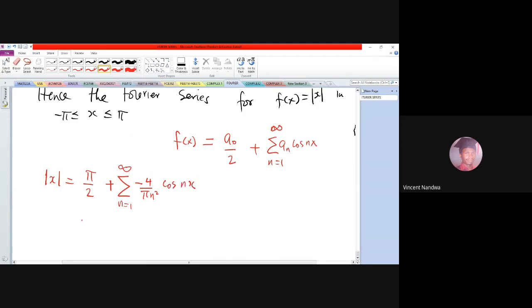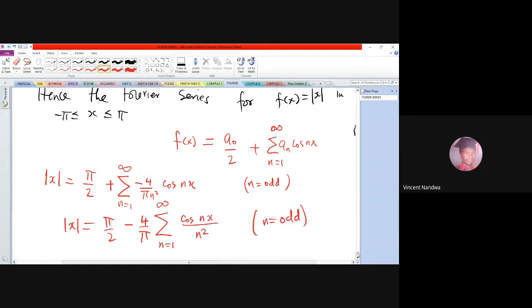But this can be written as pi over 2 minus 4 over pi. So I factor out this part that doesn't involve n, and then summation n from 1 to infinity. Remember, n is an odd number. So we have cosine nx over n squared, and remember n is odd.